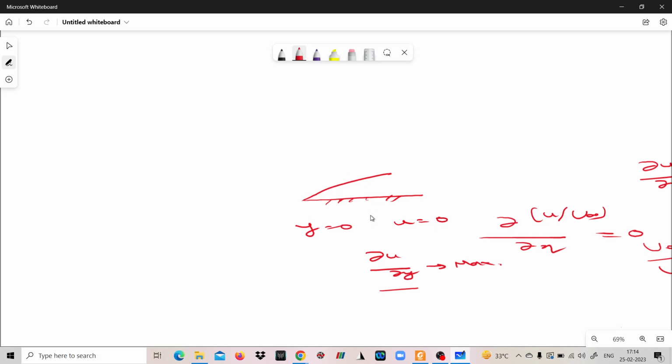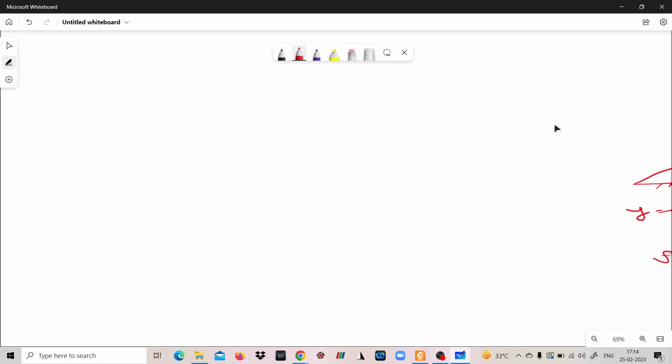Now suppose there is a function f. At the point of maxima, f dash will be equal to 0, maxima or minima, but if it is a maxima, f dash will be 0.